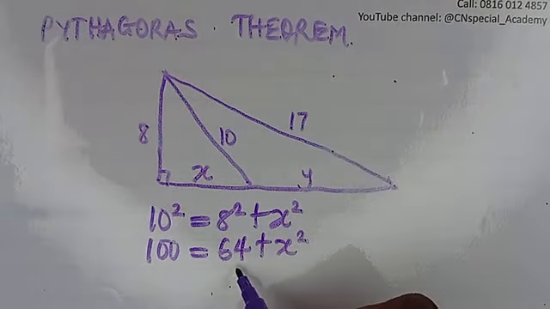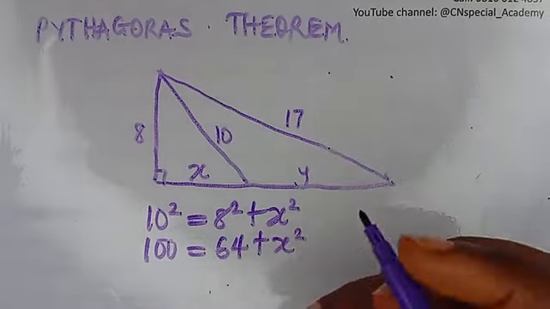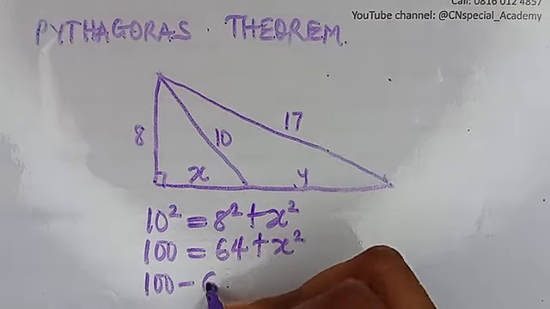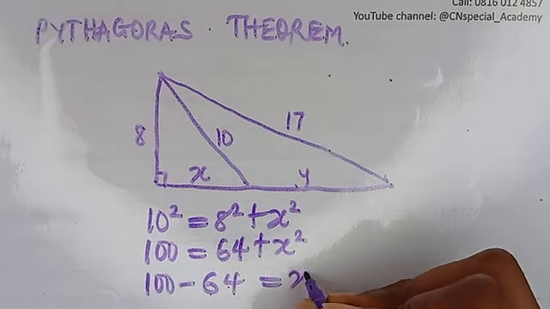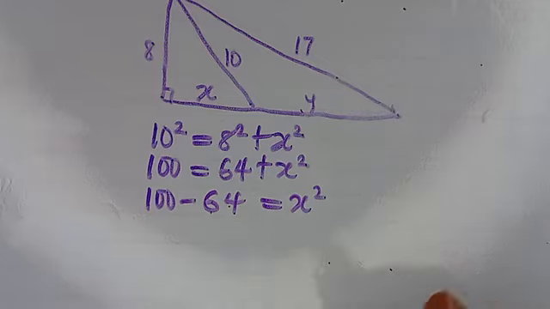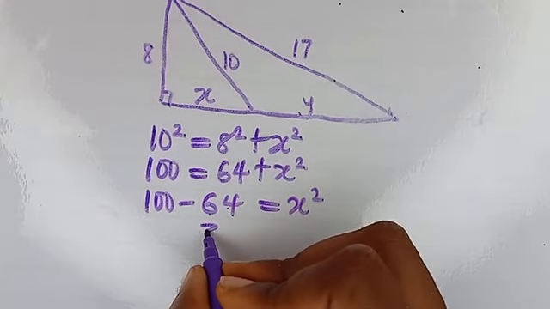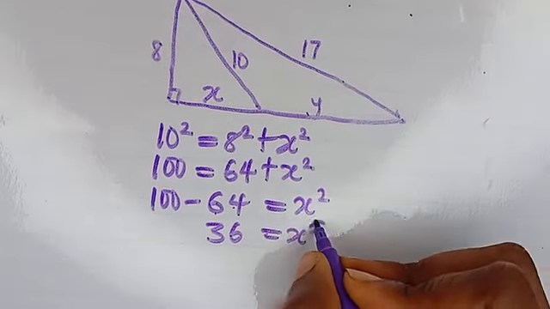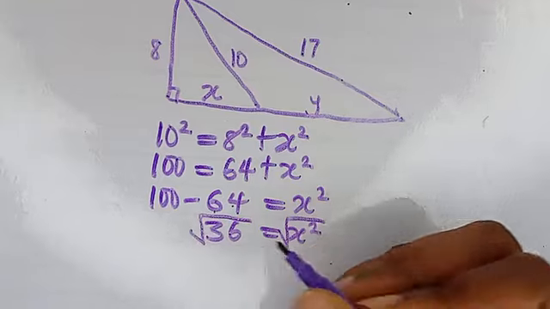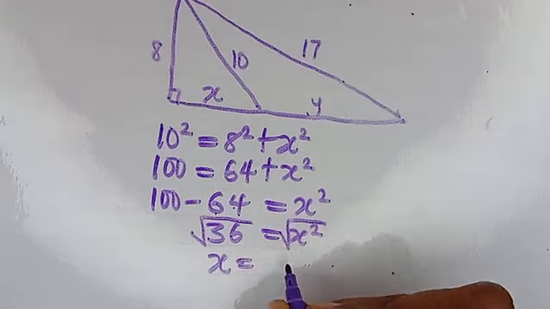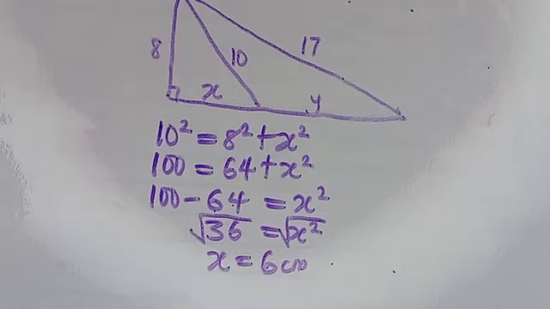Now we are going to get this out of the way. 64 going over to the other side. We have that 100 minus 64 is equal to x squared. 100 minus 64 is 36. We get the square root of both sides. We have that x is equal to 6 cm.